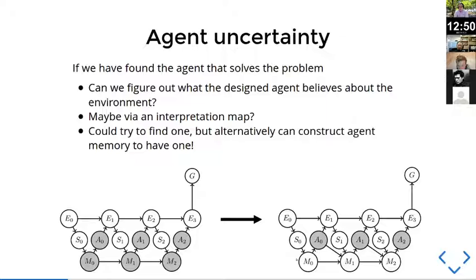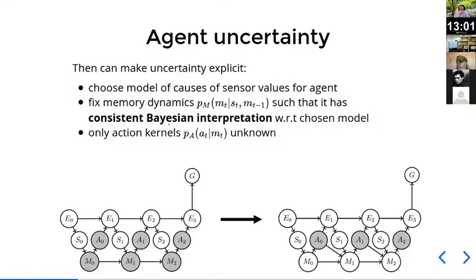So what we have to do then, of course, is to make sure that the memory dynamics we design have a consistent Bayesian interpretation. Yeah, you can do that. You use the conjugate prior construction that Nathaniel mentioned.